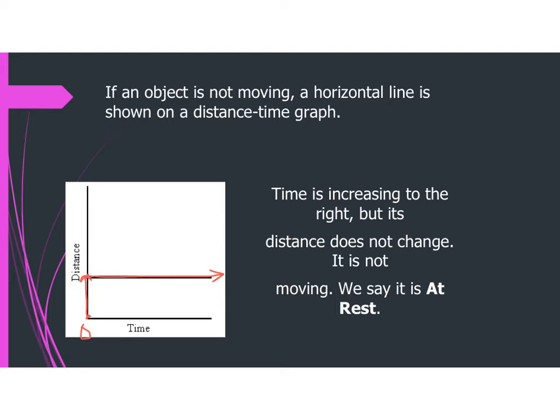But since the line continues going this way, that means time is still going this way. So when you've stopped and you're just sitting there and time is passing, you're at rest. You're not moving. So that's what this graph is telling you.